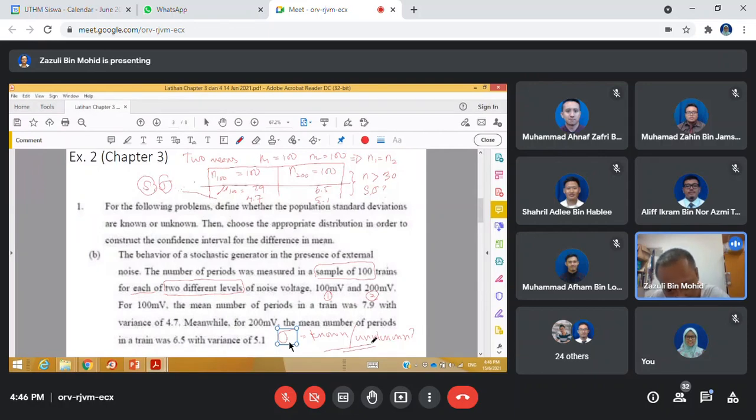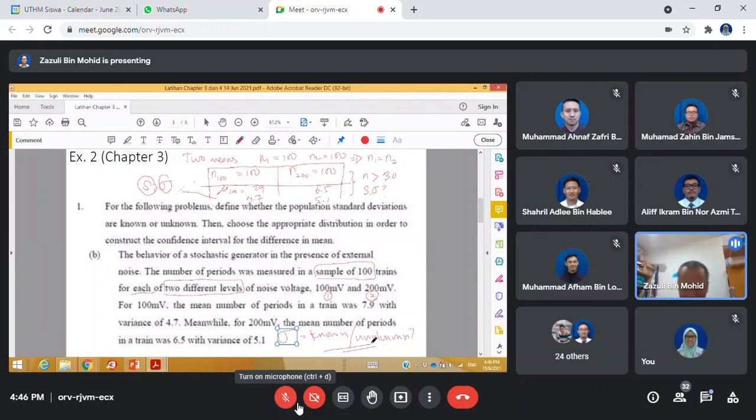Masalahnya bila kita kurang daripada 30 sampel, we have to know, we have to understand whether in the question is stating about sample standard deviation or population standard deviation. Jadi kita kena tahu adakah dia population ataupun sampel, ya, sample standard deviation.